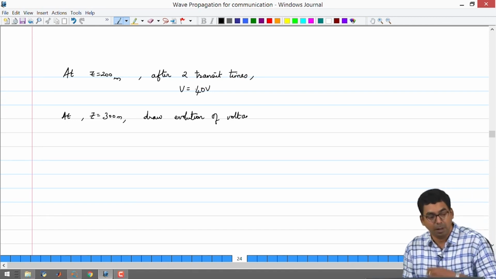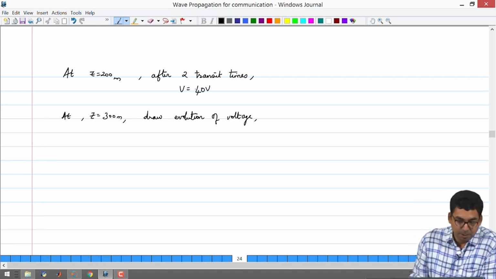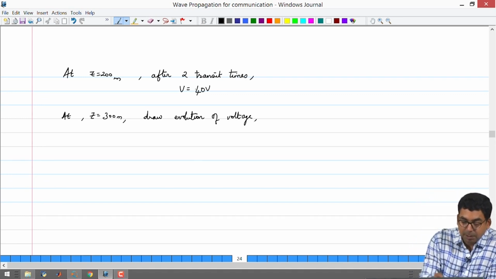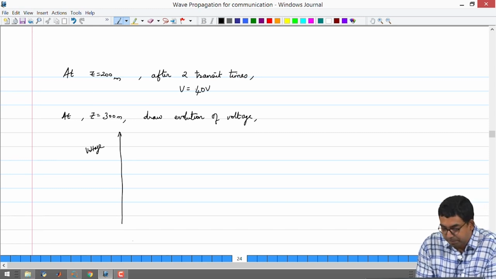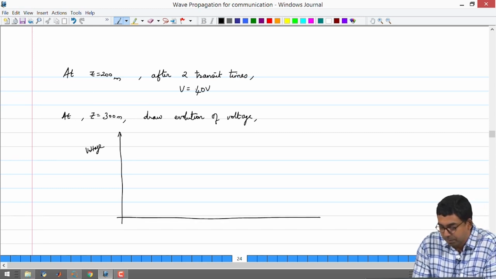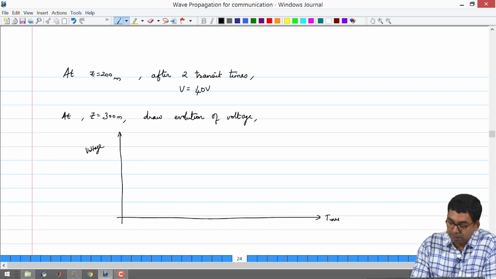Draw the evolution of voltage is what's asked. Okay. So the graph that's asked is, on the y axis you will be having voltage, on the x axis you will be having time in units of transit time.